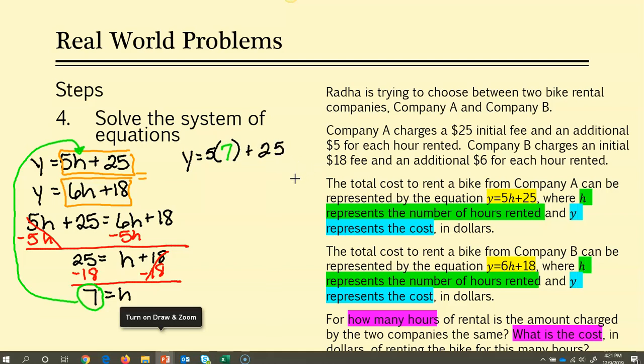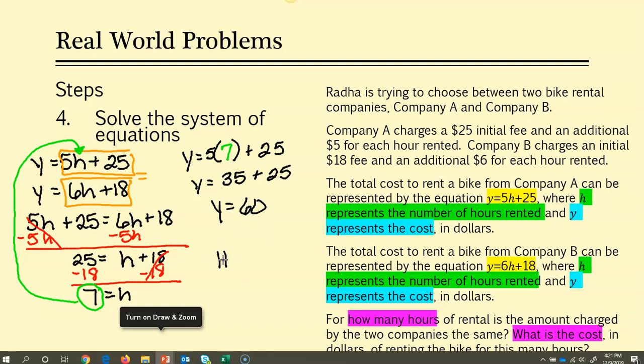That's going to give me my total cost. So 5 times 7 is 35, and then I have plus 25. And so y equals 35 plus 25, which gives me 60. So my y, my cost, is 60.